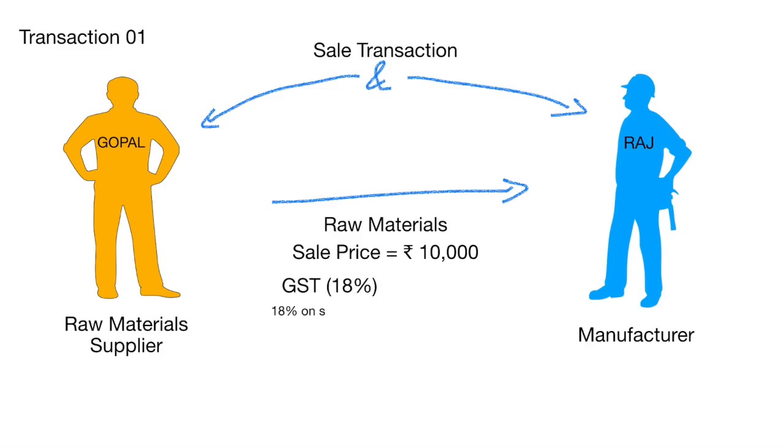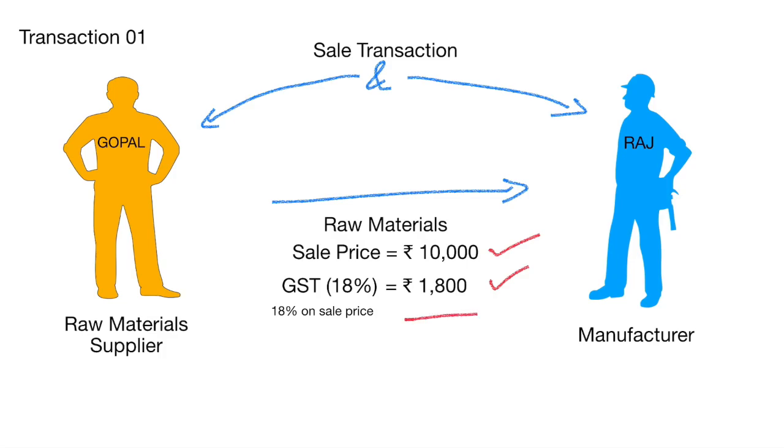Let us say the GST rate in our example for the goods sold is 18% for the purpose of our example. Thus, the GST on this transaction will be 18% on 10,000, which comes to 1,800. In this situation, Raj will have to pay 10,000 rupees as sale price and 1,800 in the form of GST to Gopal for purchasing the raw materials.